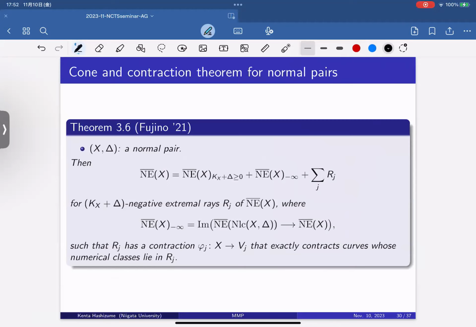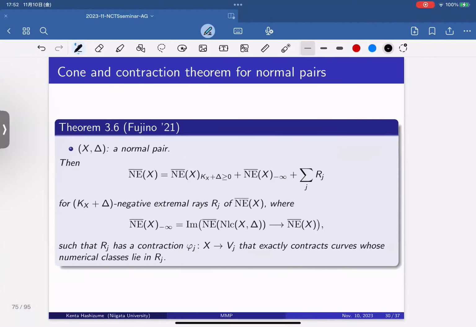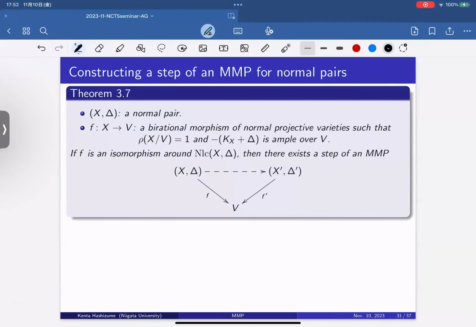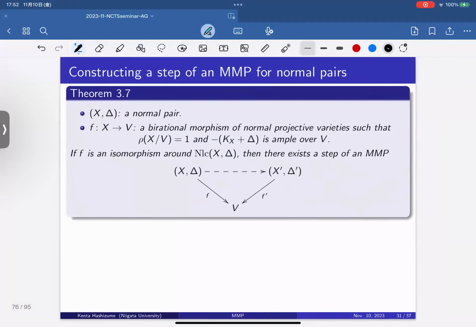Okay, I will introduce a technical theorem to run a minimal model program for normal pairs. This is a cone and contraction theorem for normal pairs, proved by Fujino. Okay, and this is a construction of steps of an MMP for normal pairs.